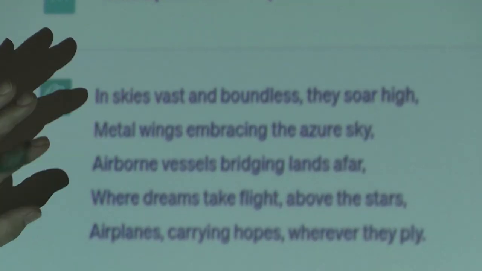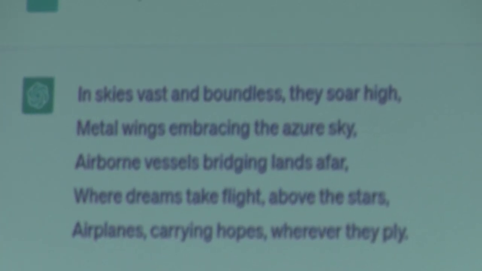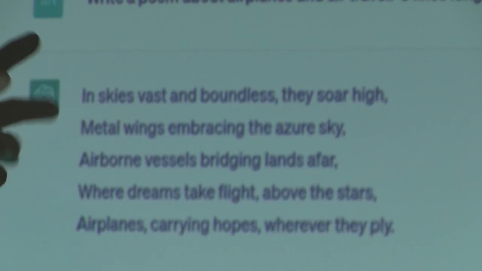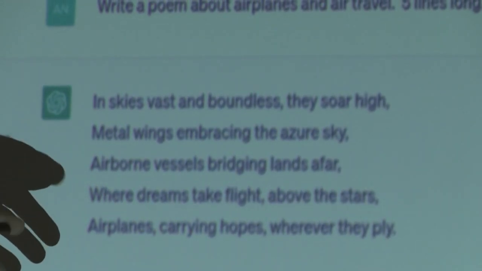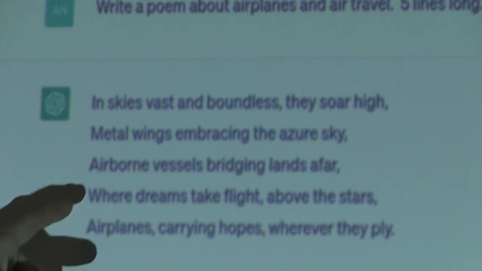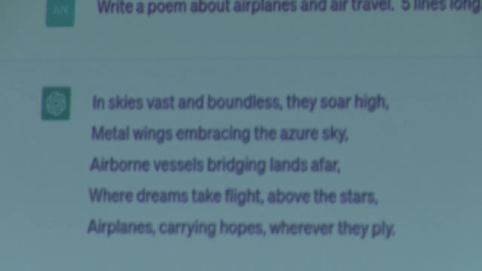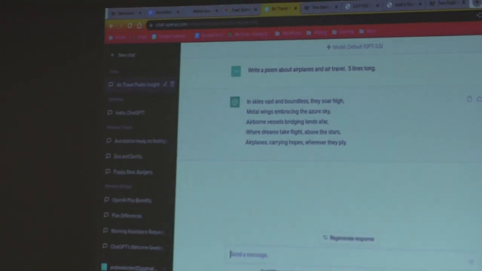And for those of you that can't read this, ChatGPT responded in less than a second with a 5-line poem. In skies vast and boundless they soar high, metal wings embracing the azure sky, airborne vessels bridging lands afar where dreams take flight above the stars, airplanes carrying hopes wherever they fly.